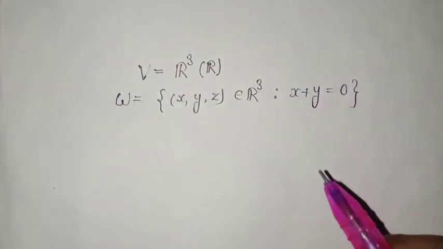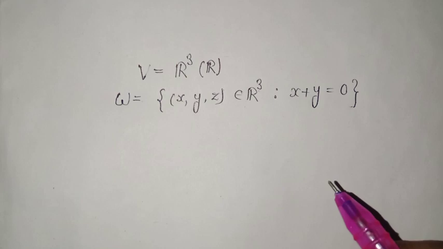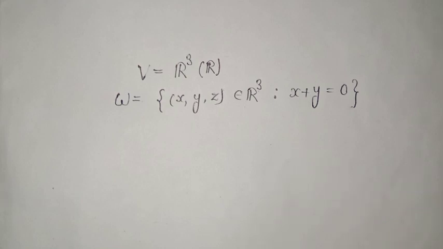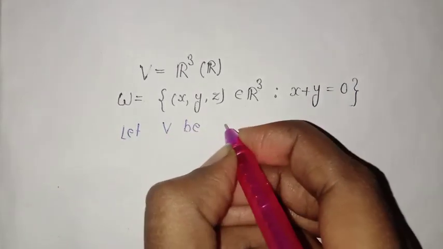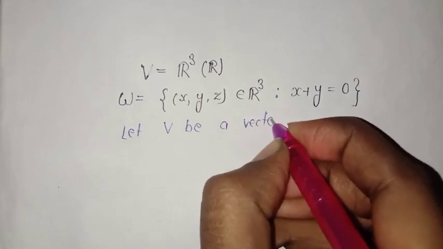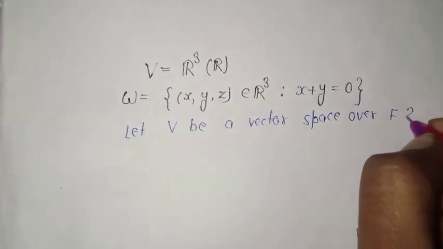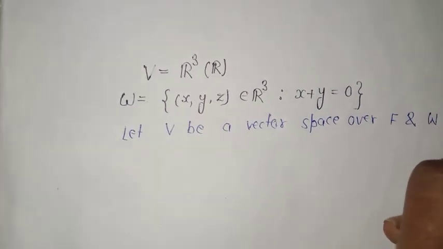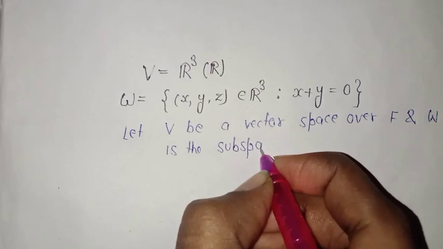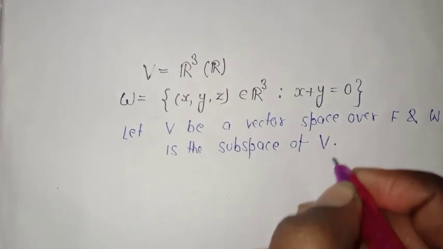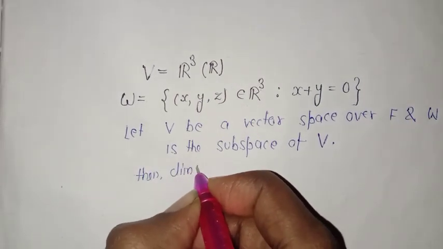In that case, we apply a formula, a short trick that we use to find the dimension of a vector subspace. The short trick is: let V be a vector space over F, and W is a subspace of V. Then the dimension of W... Here, what is the dimension of V?